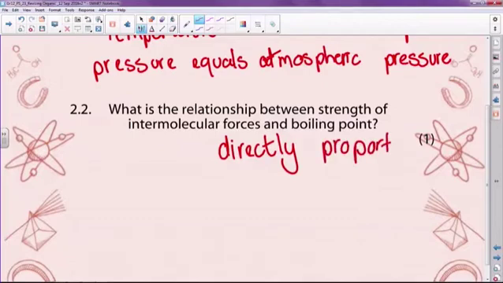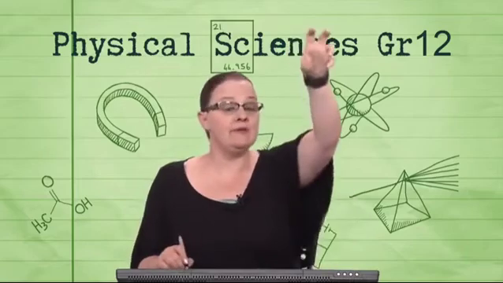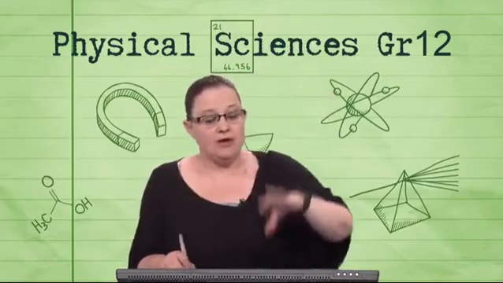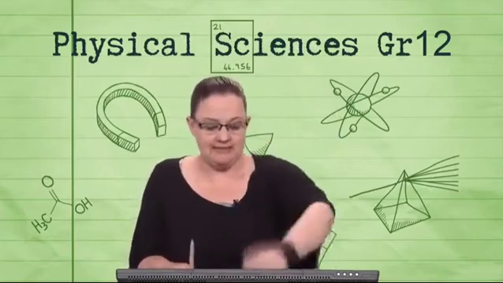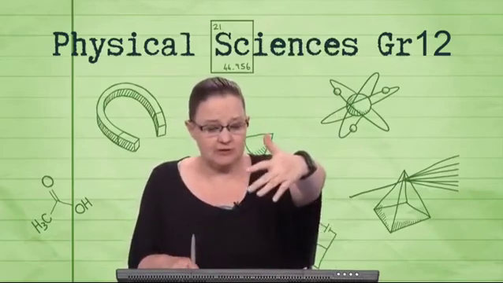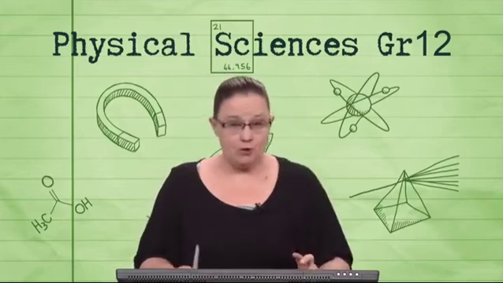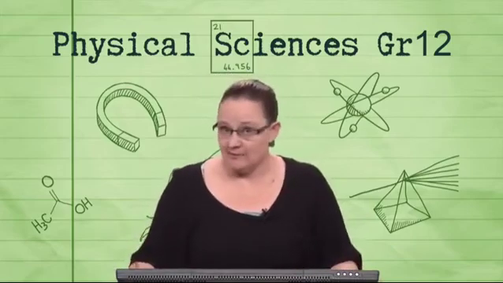The problem here is the word directly. If I say something is directly proportional, what I'm saying is if I double one thing, the other thing will double with it. So what directly proportional means here is that if I double the strength of the intermolecular forces, I must double the boiling point. That is not what happens.